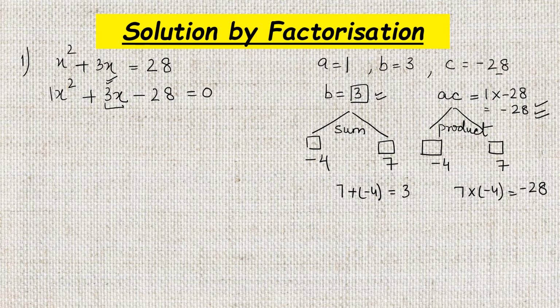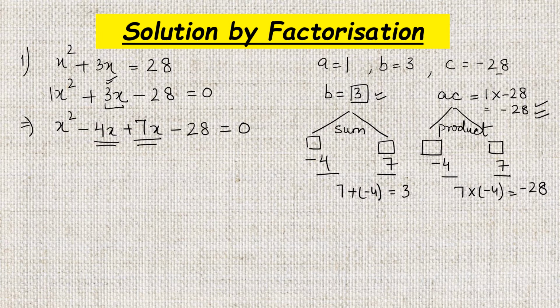So my two numbers are minus 4 and 7. So it can be written as x square minus 4x plus 7x minus 28 is equal to 0. Minus 4x plus 7x will give you 3x, and minus 4x into 7x will give you minus 28x square.